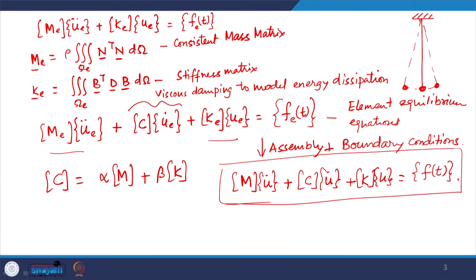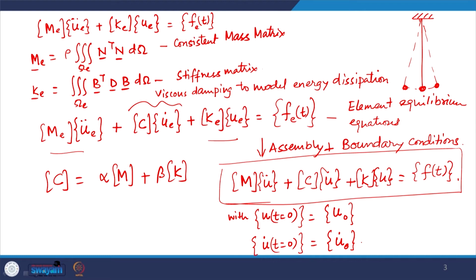Boundary conditions have been incorporated in the problem, and there would be some initial conditions: u at time t equal to 0, some vector of initial displacements, and similarly u dot at time t equal to 0, the initial velocity.